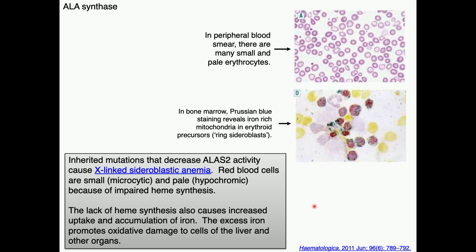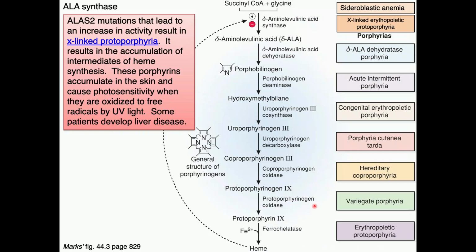Okay, so loss of ALAS2 activity mutations causes X-linked sideroblastic anemia. If you have a mutation that causes a hyperactivation of the ALAS2 gene product, that causes X-linked protoporphyria. And this is a porphyria, so it has the hallmark symptoms of skin blistering because of the accumulation.